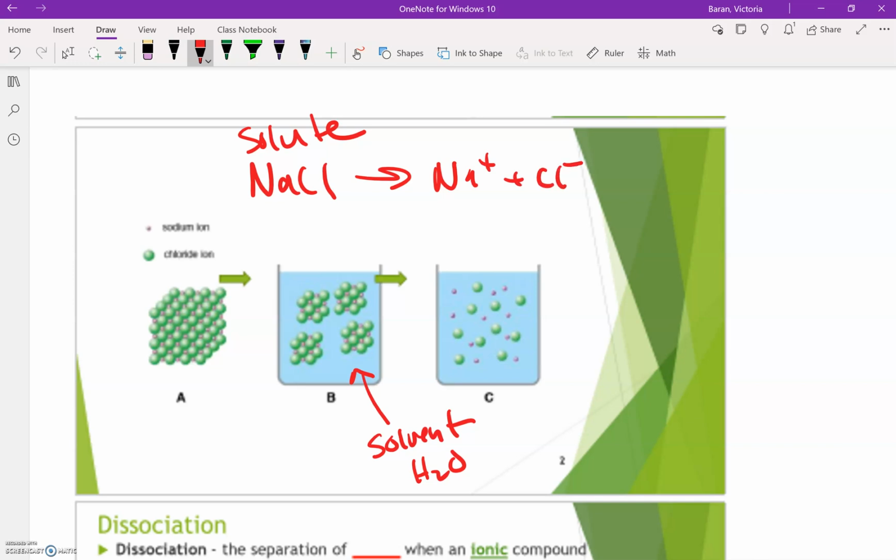You can see here in this picture, the sodium chloride, the Na, which is the smaller one, has the positive charge when it dissociates into an ion, and the chlorine has a negative charge when it dissociates into an ion. When it completely dissolves, it is broken up into these individual ions. So that's what dissociation is: when you have a solute that is soluble, that can dissolve in a solvent such as water, it will break up into its individual ions.